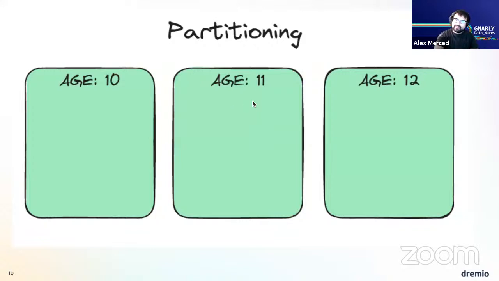It's similar in the sense of clustering. The difference is that it's not how the data is stored within the data file, it's whether the different values are in completely different data files. Ideally, you do both, right? Maybe my data is partitioned by age, and all the 10 records are in separate data files, but from within there, I might still sort them by height or sort them by name, because maybe I typically say, hey, give me all people above 6 feet who are age 10.